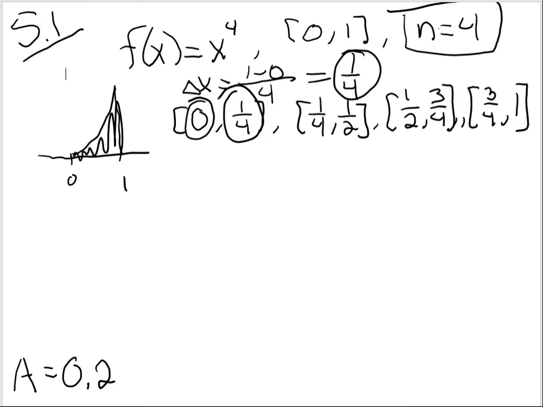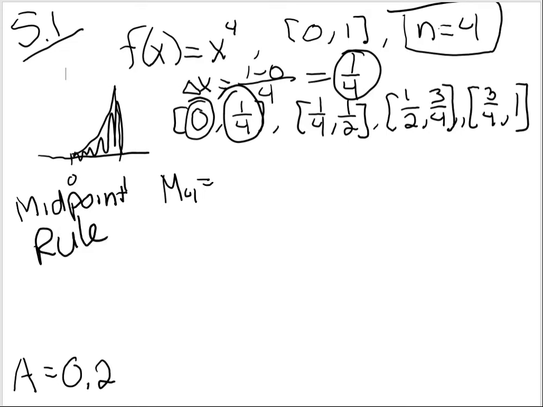As the name suggests, we still have the same width, but for our length, doing the midpoint, or M4, for midpoint rule, we still have the 1/4, but then for my f value, I need to have something in this interval.